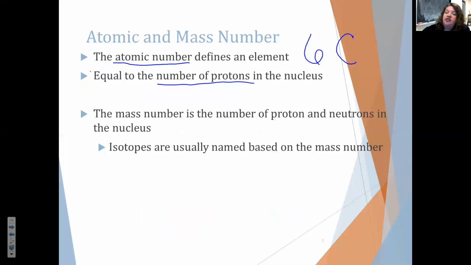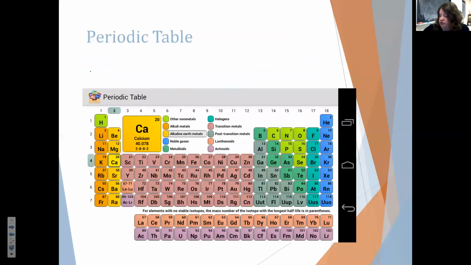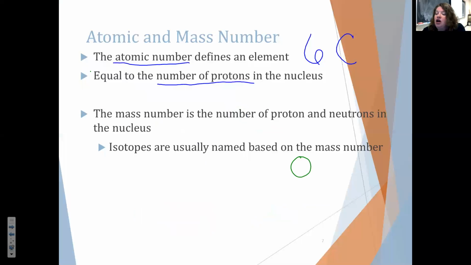So we can do the same thing by looking at oxygen. We can draw oxygen. Oxygen has an atomic number of 8. So it's going to have 8 protons in the center of the atom. And it's an atom, so it's going to have 8 electrons also. 2 will go in the first electron shell. The rest will go in the second electron shell. Now they tend to pair up.